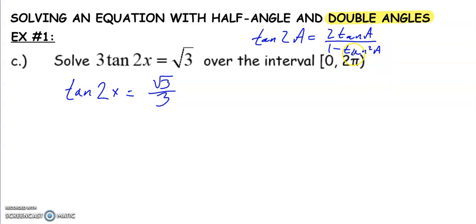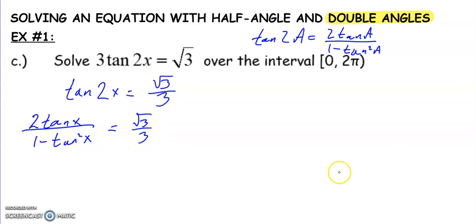There we go. I'm going to use this identity to solve for x. So I'm going to take out the tangent 2x, and I'm going to plug in the identity. So 2 tangent x over 1 minus tangent squared x, we know equals radical 3 over 3.